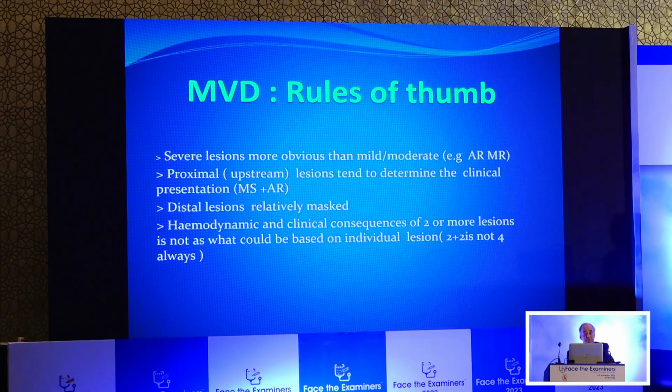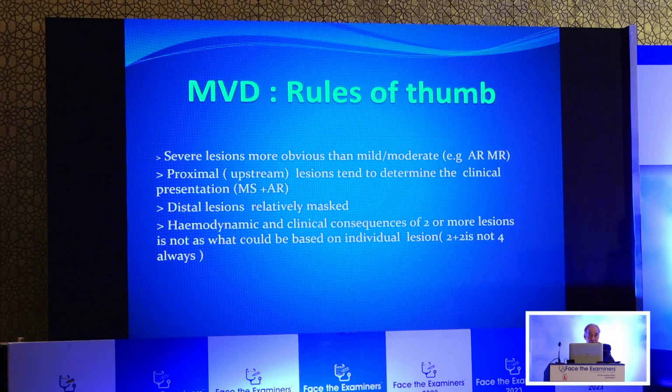A patient, for example, having a severe MR and a severe AR, we will expect that this patient should have a large amount of left ventricular volume overload. He should be very symptomatic. That cannot be true. So it is important to know certain rules of thumb, particularly that severe lesions are the ones which become more obvious, and proximal lesions are the ones which tend to determine the clinical picture.